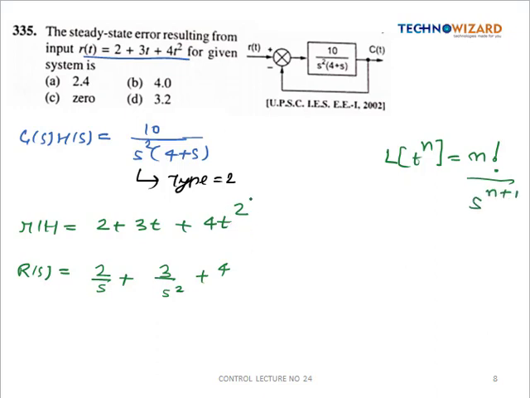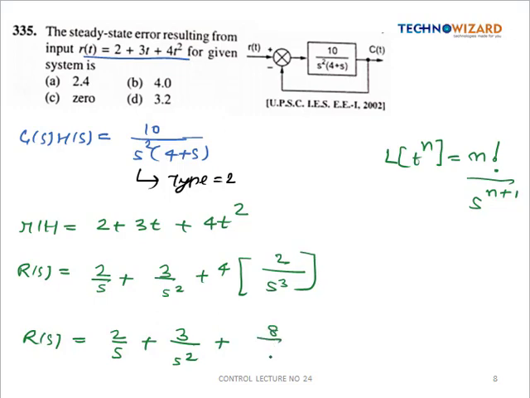Here the power is 2, so 2 factorial is 2, divided by s³, which gives 8/s³. So the input we are applying is 2/s, 3/s² which is the ramp, and 8/s³.